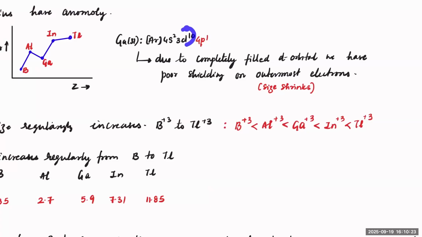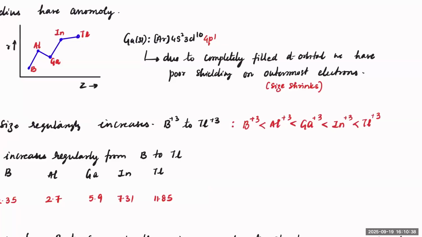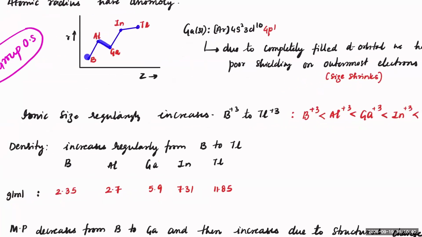So 3d10 is just being completed in the case of gallium. And because d orbital electrons have very poor shielding effect on the outermost electrons, the size of the atom shrinks. That's why gallium is smaller in size. So this is one important exception you need to remember.